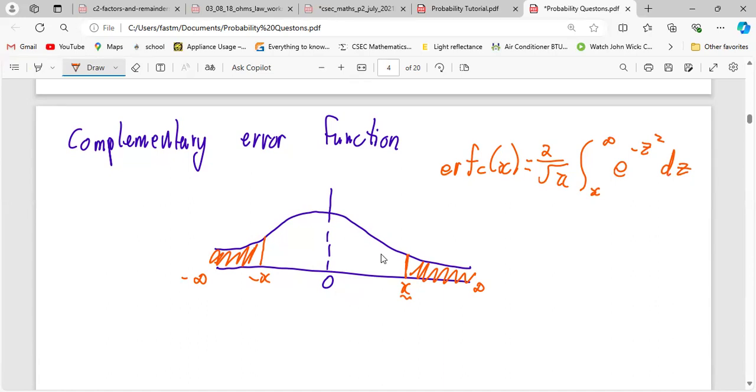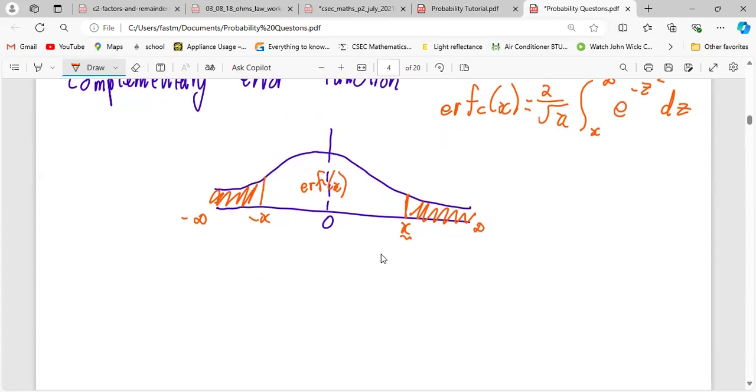So erf goes from 0, or the mean, to an x value, so it'll be in between here. And erfc is just going from x to infinity, right, which is now what we want. And with that, if you look at it clearly, erf will be here inside. So if you wanted to get a nice equation to link everything together, erfc will just be the total area, which is 1, total probability, minus erf of x.